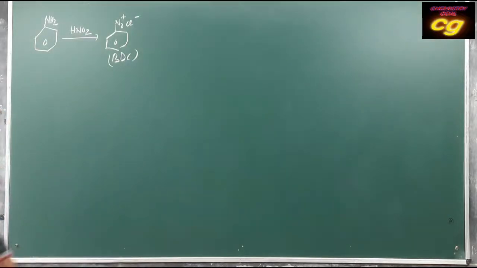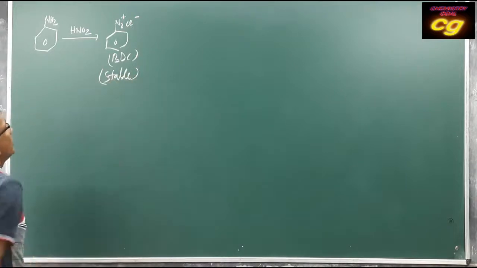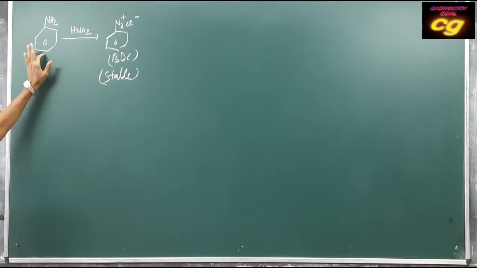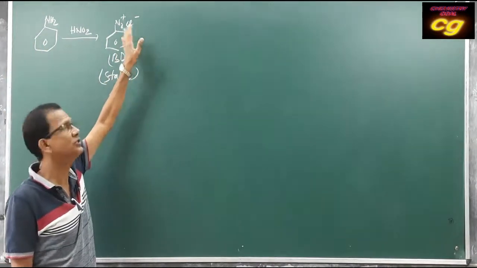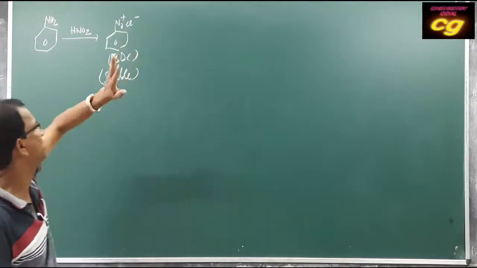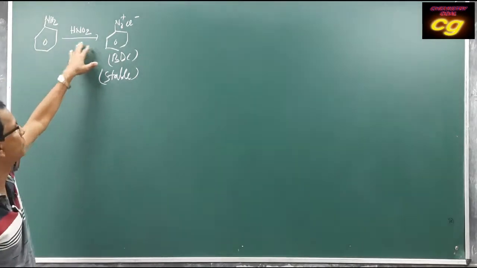This salt is stable. But an aliphatic amine, RNH2, with nitrous acid produces a diazonium salt which is unstable and can easily hydrolyze to produce alcohol. So aniline in the presence of nitrous acid produces BDC.